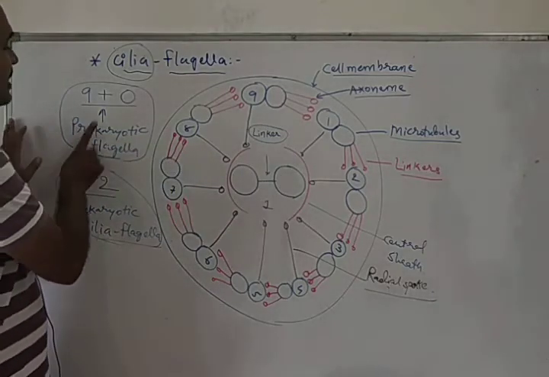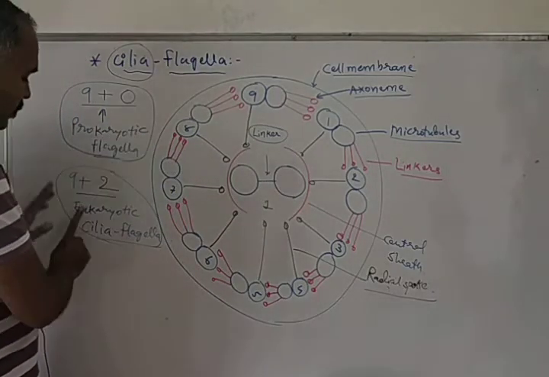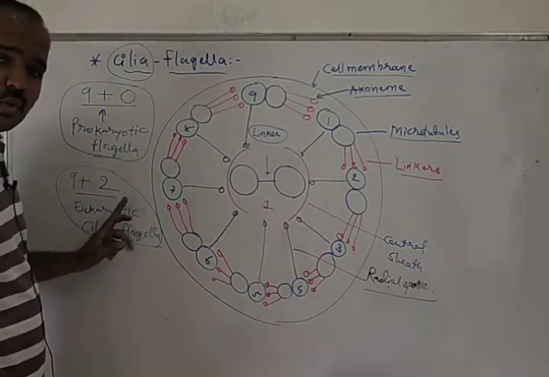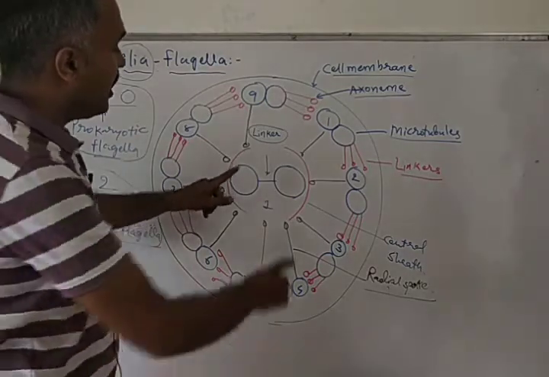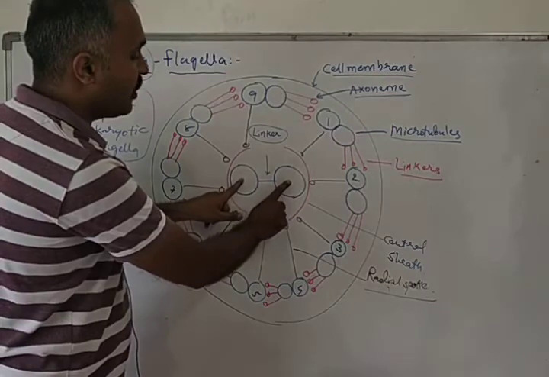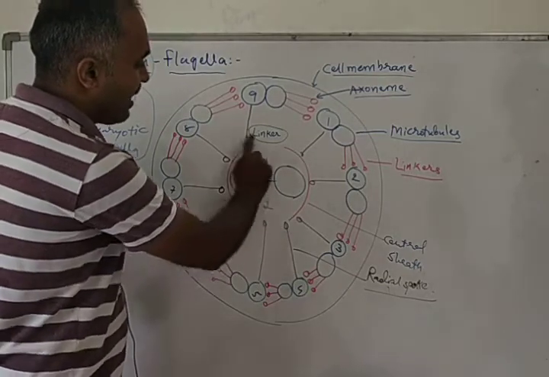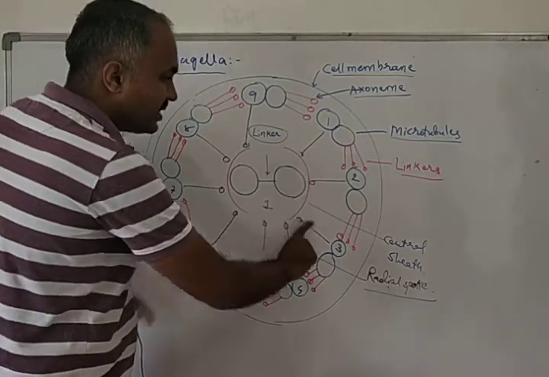So prokaryotic flagella has a 9 plus 0 arrangement, whereas eukaryotic cilia and flagella has a 9 plus 2 arrangement. Then these two central microtubules are connected to each other via a linker and they are covered by the central sheath.